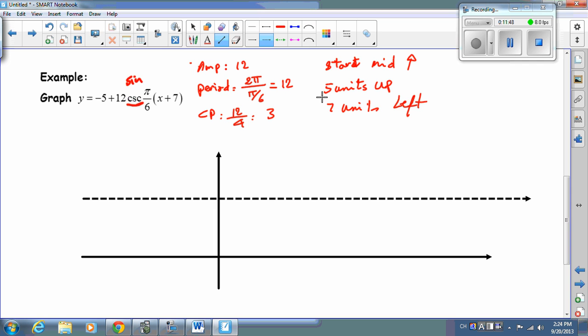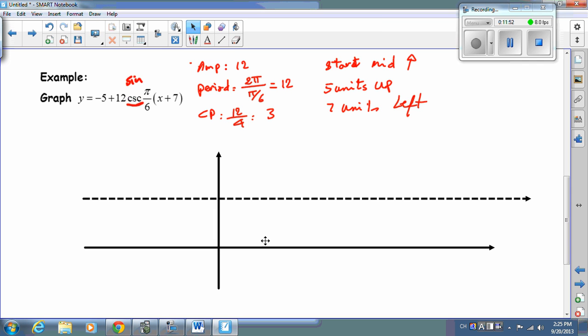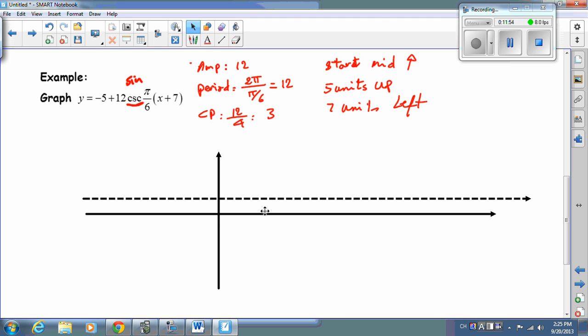From the 5 units up, the amplitude is 12. Since the amplitude is 12, I will go ahead and count from 5 to 12. 12 units after will give me 17. Assume it's here. And 12 units below 5, that will give me -7. So I have 17 there, and I have -7.